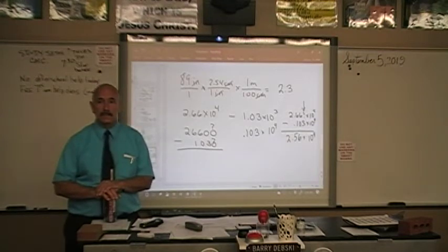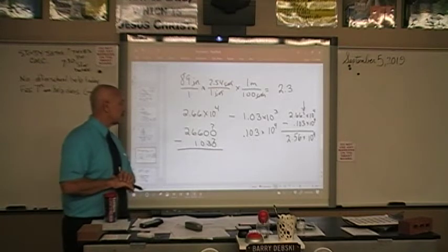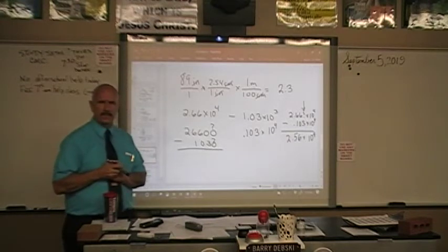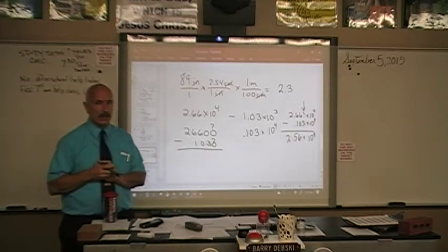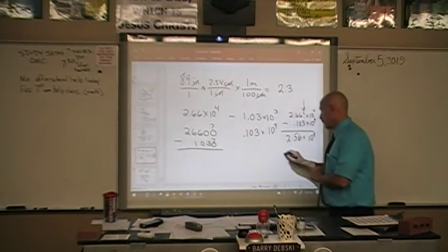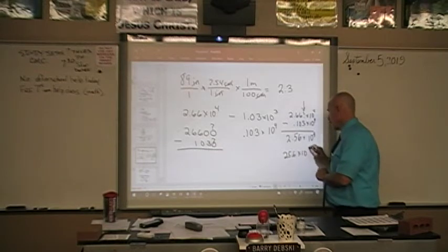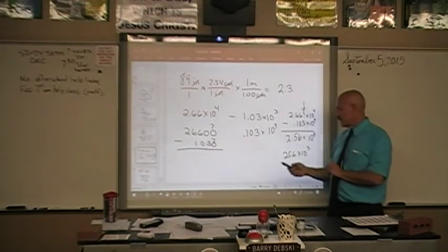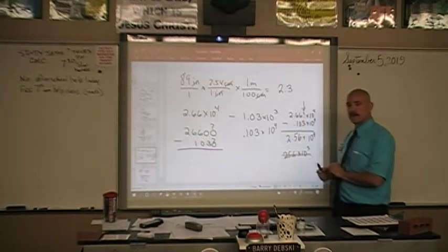But do you prefer us to change it back to like 10 to the 3rd, or keep the power? If we change that back to 25.6 times 10 to the 3rd, which one would you prefer us to put it in? The correct one. And the problem is, this is not proper scientific notation.